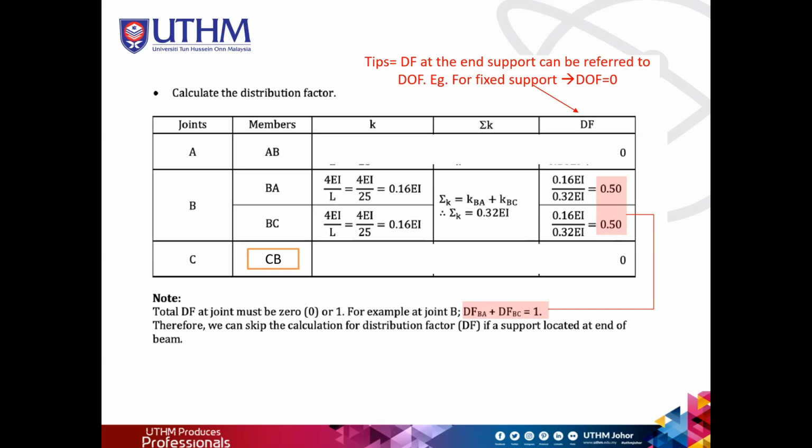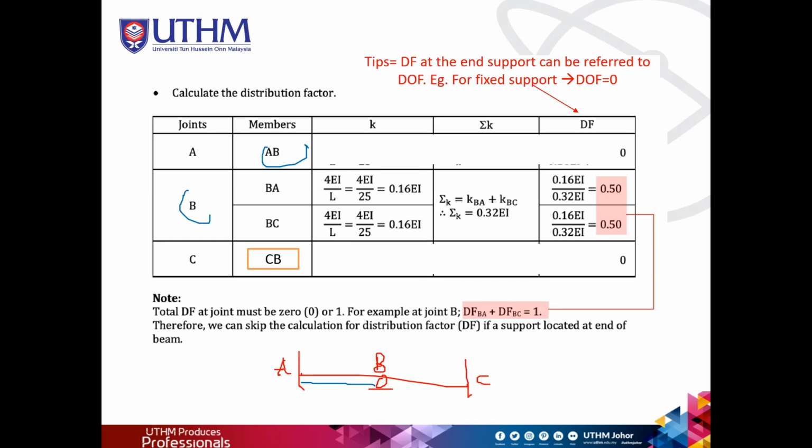So we have joints A, B, C, because if we still remember our beam, this one is the support referring to A, this one referring to B, this one referring to C. For the members, if you look at joint A, we have AB, so that's why we have member AB.